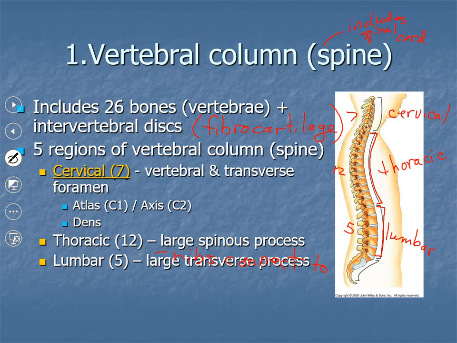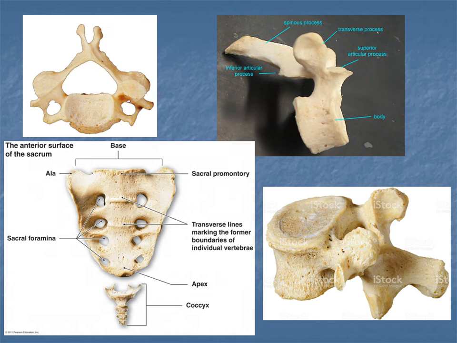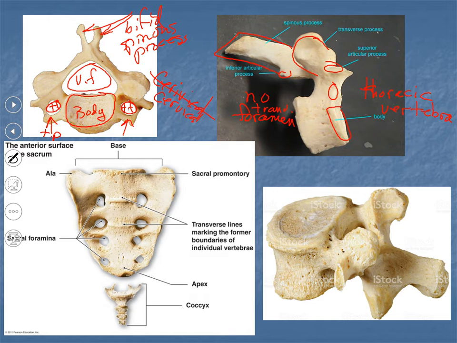And when we look at them, we see a really noticeable, if I can get back to that page, here's the lumbar. Large body, because this is going to be bearing most of the weight of the body. Really thick vertebrae.